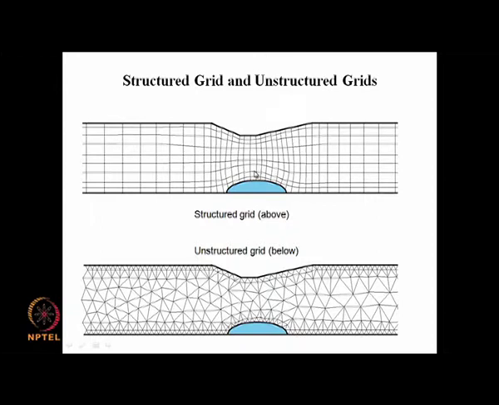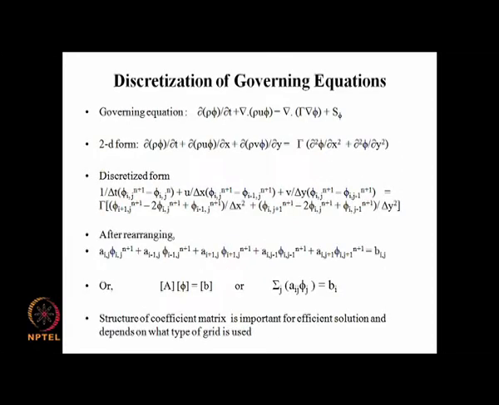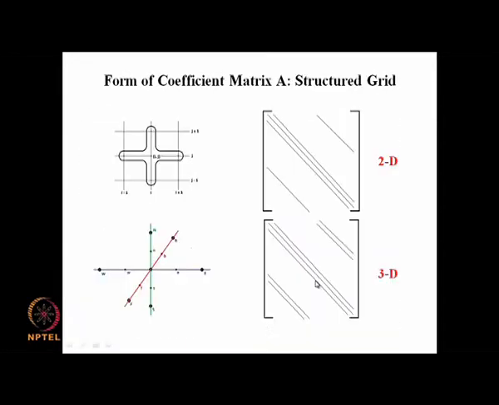So, in that sense we will have an algebraic equation of this particular form with the corresponding coefficients and with the variables that appear here for each equation for each cell. Okay. So, in the case of structured grid, the coefficient matrix takes a specific structure.